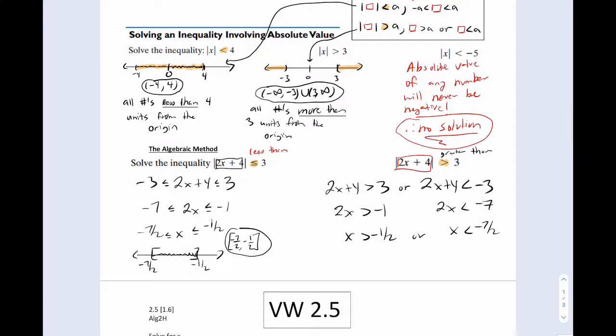So again, notice how that should work out, right? Because these answers are similar to over here. But that greater than changes everything. Because if I were to put a number line now, I know negative 7 over 2 is here, negative 1/2 is here.